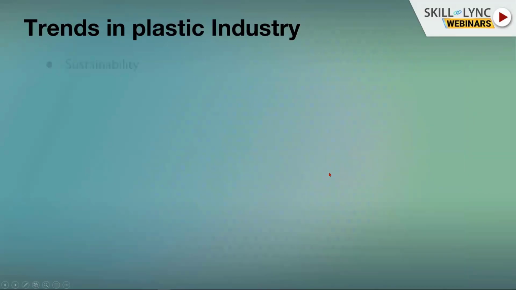And what are the trends in the plastic industry? So what is sustainability? Now OEMs, or the original equipment manufacturers, are assuming more responsibility for sustainability, like working with different suppliers committed to low or zero emission waste initiatives, right?